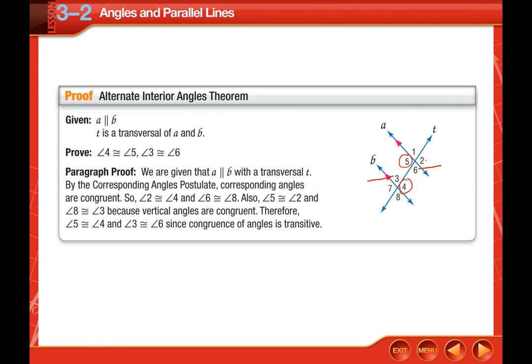So angle 2 is congruent to 4, and 6 is congruent to 8. 5 is congruent to 2, and 8 is congruent to 3 by the vertical angle theorem. Therefore, 5 is congruent to 4, and 3 is congruent to 6, because the congruence of angles is transitive.